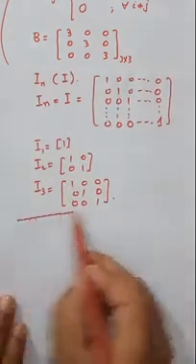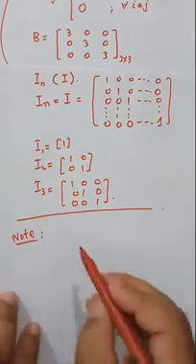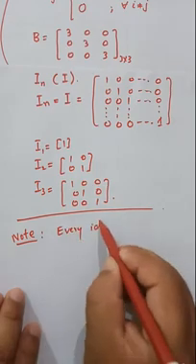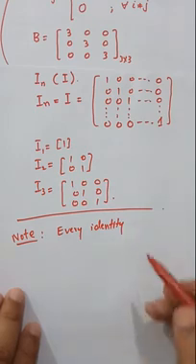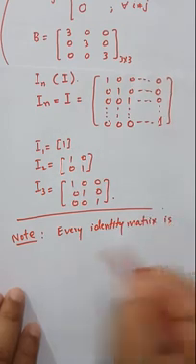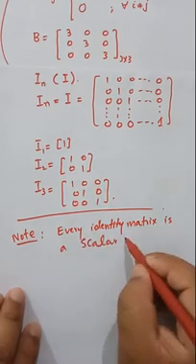From here we write an important note: every identity or unit matrix is a scalar matrix.